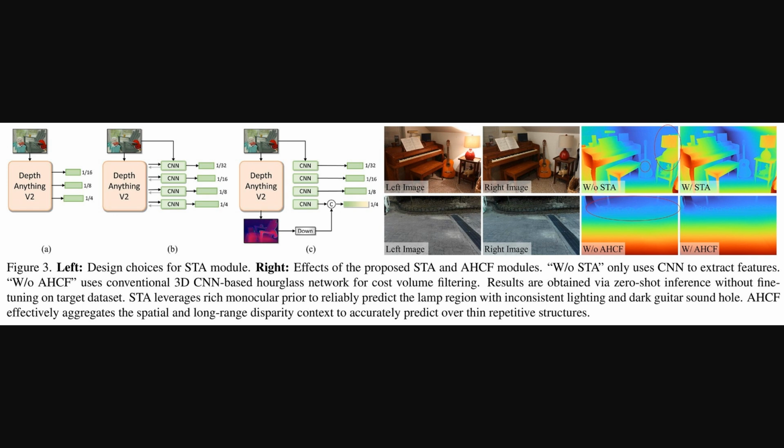Then, the right side visually demonstrates the impact of both the STA and that attentive hybrid cost filtering, the AHCF. You can really see the difference. Like with the STA, it better handles tricky areas, like the lamp or the dark guitar hole. And with AHCF, it improves details over repetitive textures, like the pavement. It really shows how these modules help.